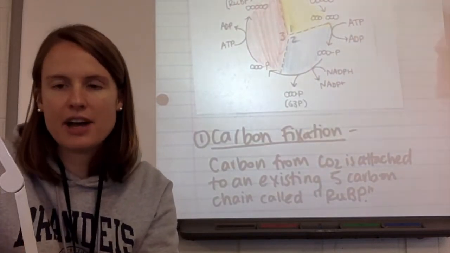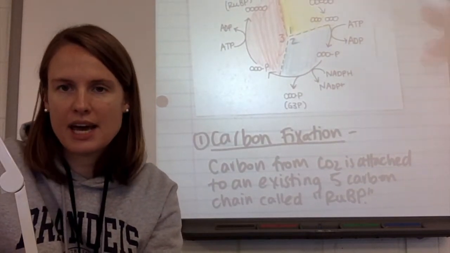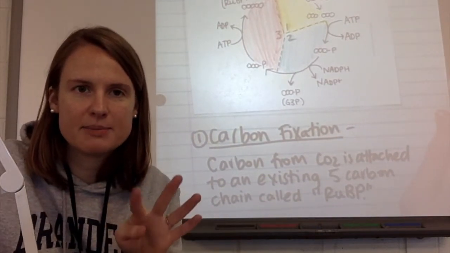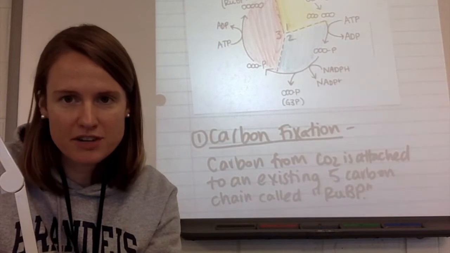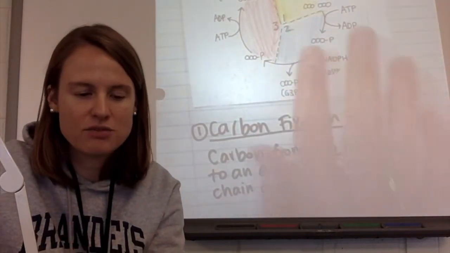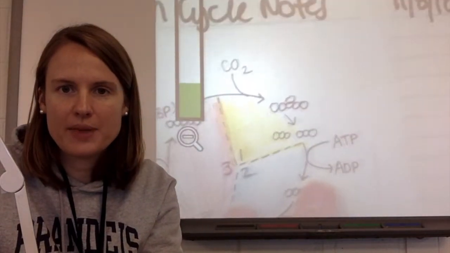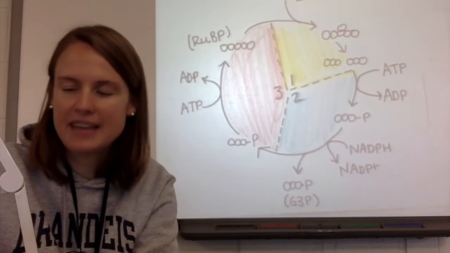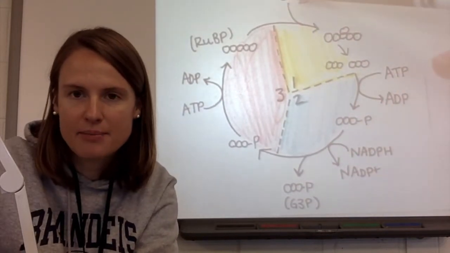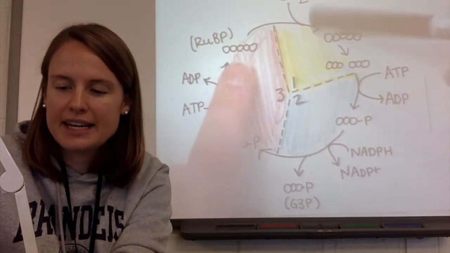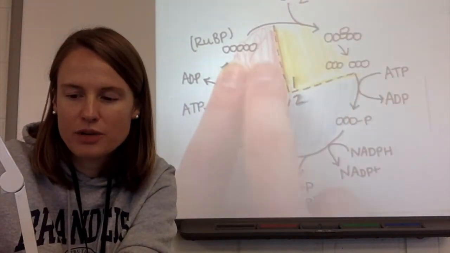In the diagram here, we can get a better look at that. One of the wonderful things about this being a video is that you can pause it, make sure you're finished writing, and then keep going, just if I'm writing too fast for you. So in this diagram, we can see that a carbon dioxide molecule is entering the cycle here. It is being attached to RUBP.